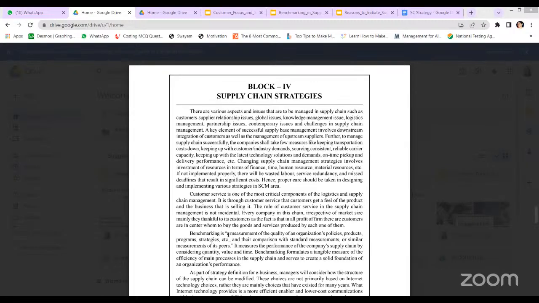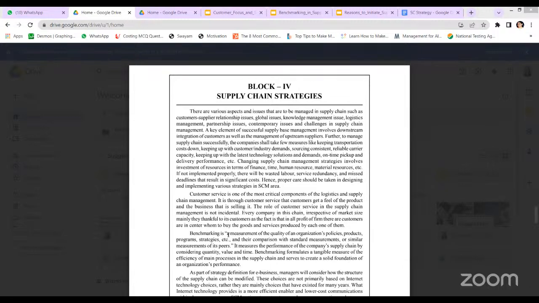The next unit relates to supply chain customer service. What is supply chain customer service? In supply chain, it is not only the efficiency of bringing cost benefit, meaning reducing the cost of operations.